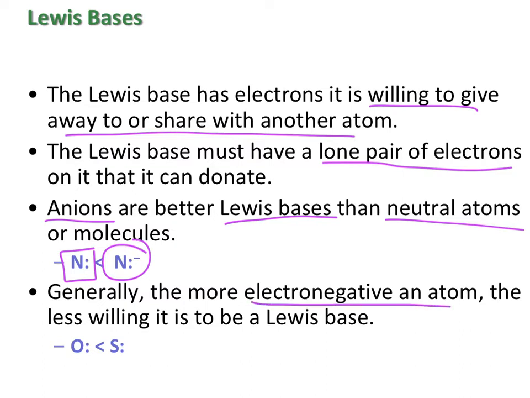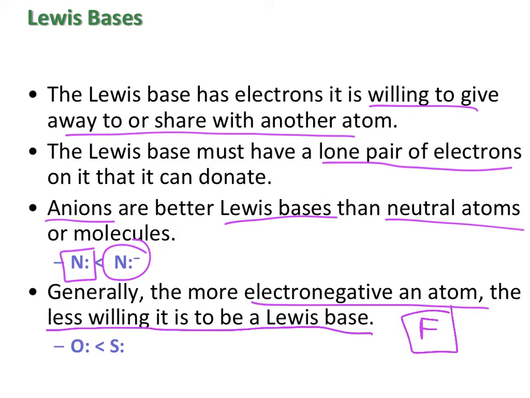The more electronegative an atom is, the less willing it is to be a Lewis base. You can think of it again, electronegativity is like when an atom hogs electrons towards itself. For example, fluorine is very electronegative. It will want to hog electrons towards itself very much in comparison to every other element. It's the most electronegative atom on the periodic table.